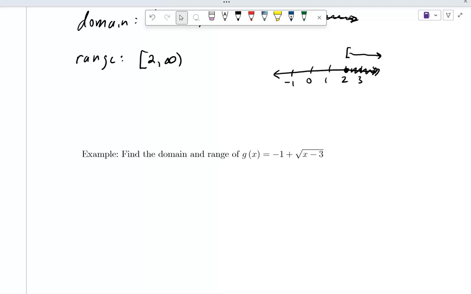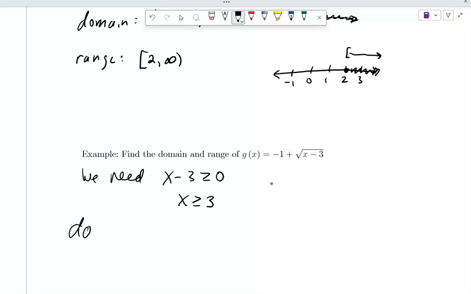So when we do our domain, we need to make sure that our x minus 3 is not negative. It could be greater than or equal to 0. It's okay to take the square root of 0, but I can't take the square root of anything negative. So if x minus 3 needs to be greater than or equal to 0, our x needs to be greater than or equal to 3.